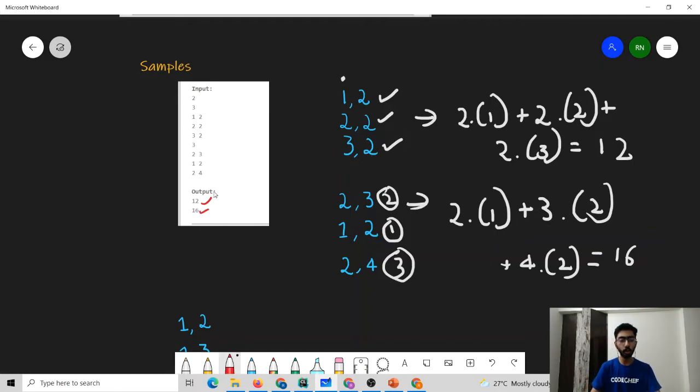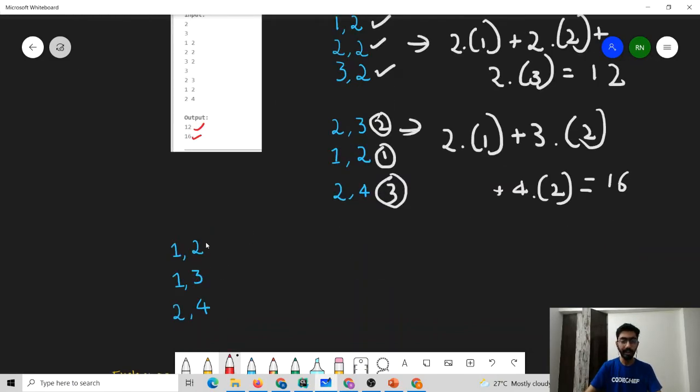So based on the two sample cases, we feel that our solution might be correct. But now let us try some more examples so that we can be pretty sure about our solution. For this example, if we sort them on the basis of the length, then this will be played first, then this, and then this. So let us find what's the total sweetness. It will be 2 times 1 because only one distinct band has been played.